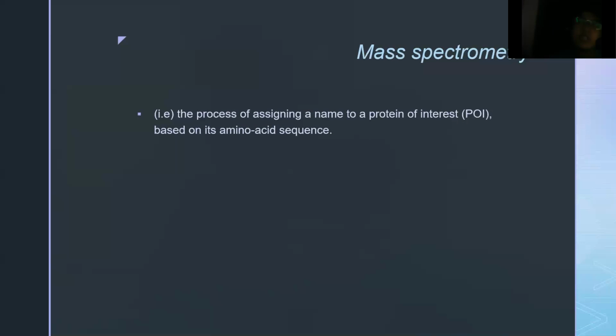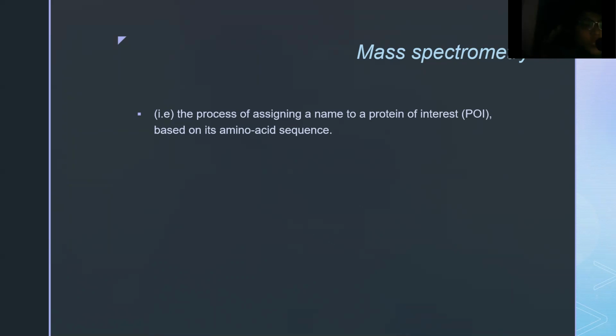So the mass spectrometry method is defined as the process of assigning a name to a protein of interest, or POI, beyond its amino acid sequence. Typically, only part of the protein sequence needs to be determined experimentally in order to identify the protein with reference to databases of protein sequences deduced from the DNA sequence of the genes.